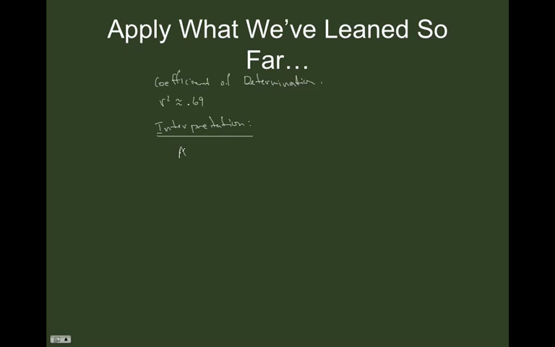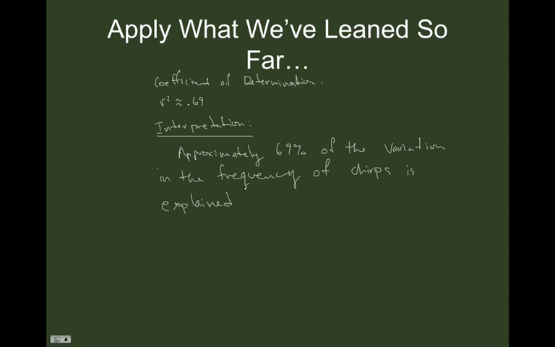What we say is approximately 69% of the variation in the frequency of chirps is explained by the temperature using a linear model.